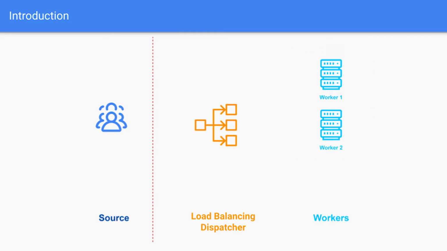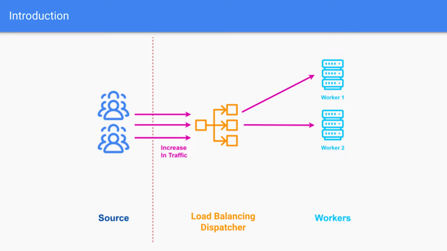In this pattern, the dispatcher routes each request from the client to only one of the available workers. This way, if the number of clients grows, or the rate at which those clients send us requests increases, we can add more workers and spread the load among all of them. That, of course, allows us to scale our system very quickly, without the need to make any significant changes to our system.